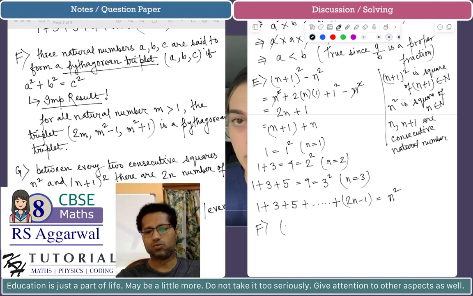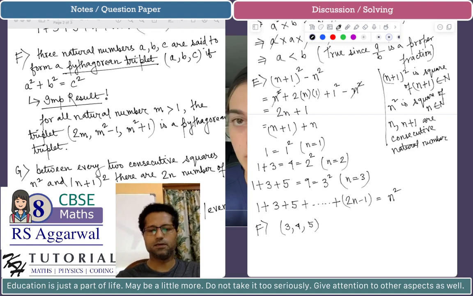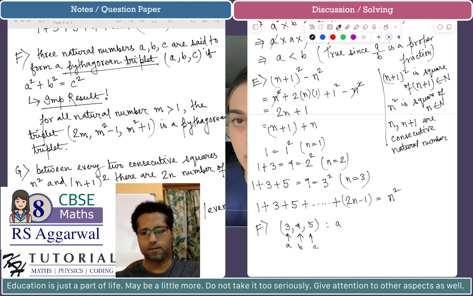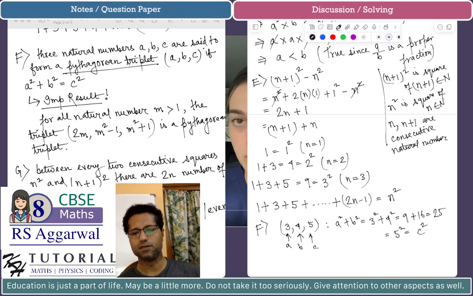Let's say 3, 4 and 5, this is a Pythagorean triplet, because over here this is A, you can consider this B and this C. So A square plus B square is equal to 3 square plus 4 square, which is equal to 9 plus 16 is equal to 25, which is equal to 5 square, and you can see this is equal to C square. So 3 comma 4 comma 5 is a Pythagorean triplet.